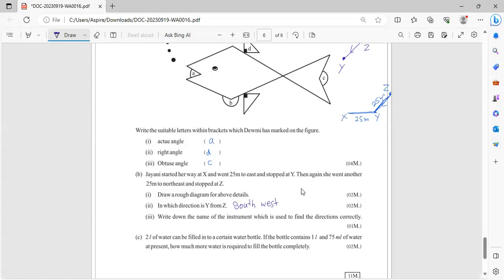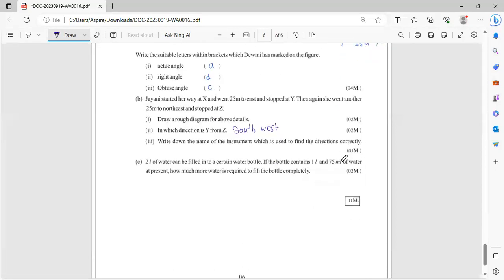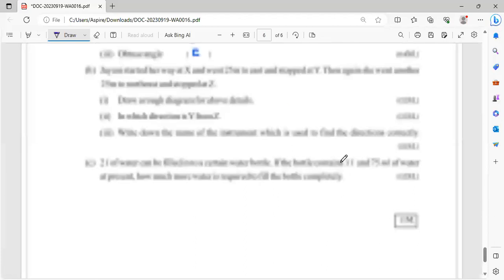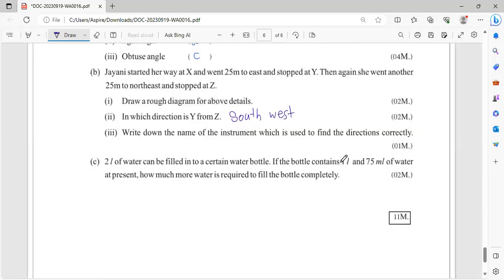Okay. Write down the name of the instrument which is used to find the directions correctly. What is the instrument that we use to find the directions? The wind direction indicator.